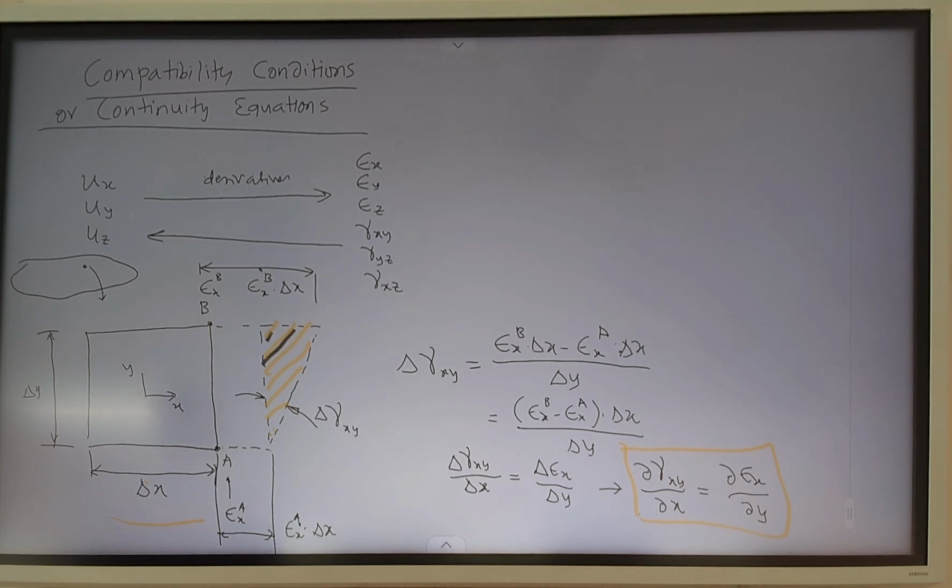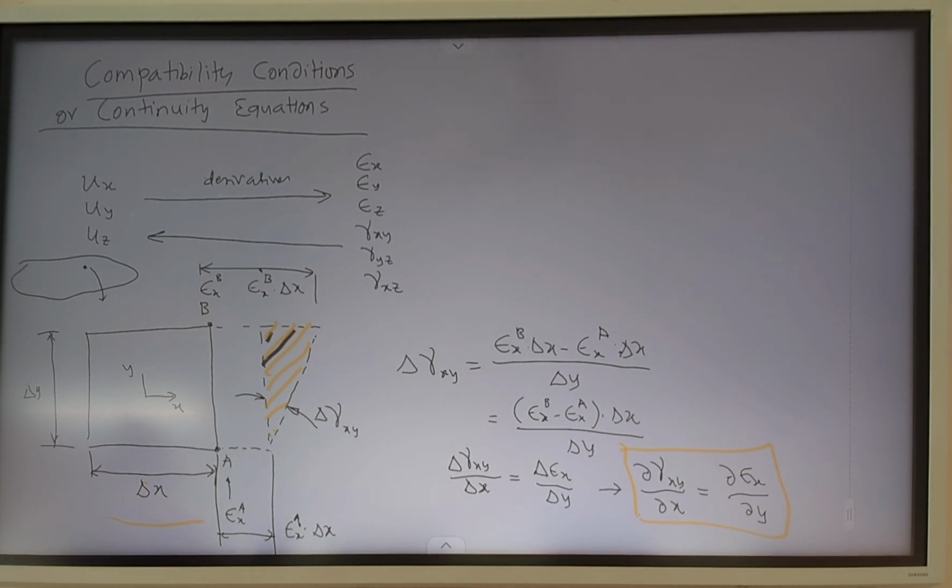So in this simple example, we have shown that the shear strain in this particular geometry cannot be independent of the variation in the linear strain. If the linear strain is increasing between the two edges by 10%, it automatically fixes or constrains the shear strain. You cannot have any arbitrary shear strain. The shear strain must obey the variation in epsilon x.